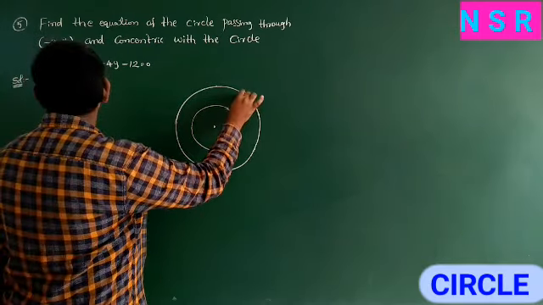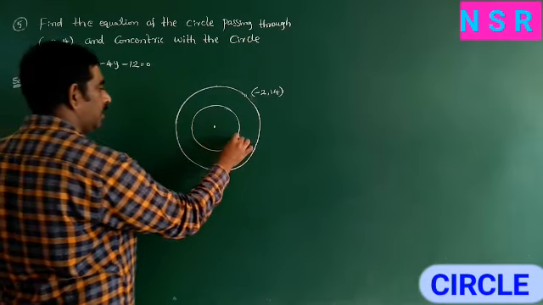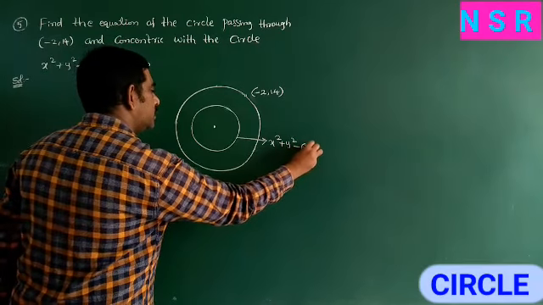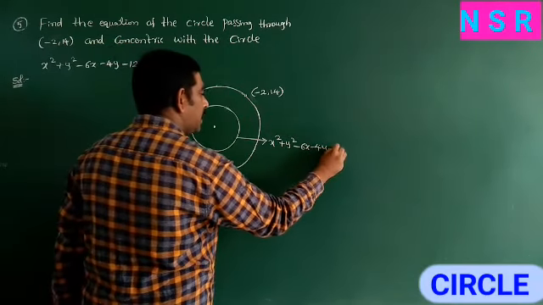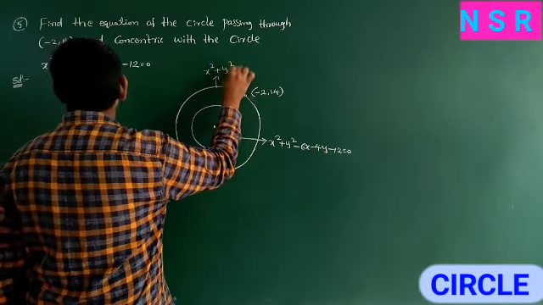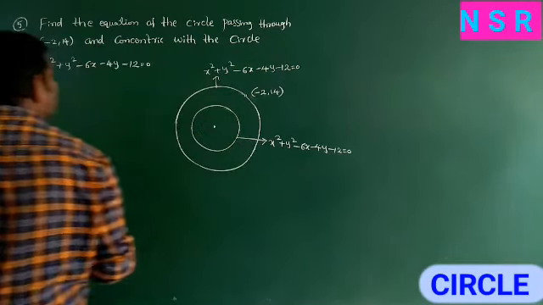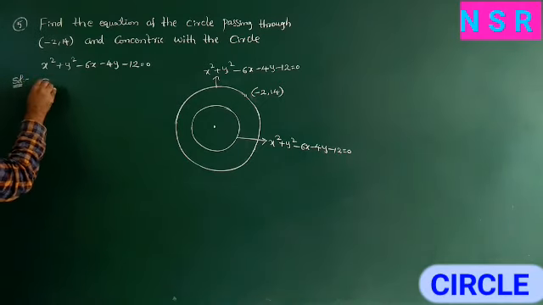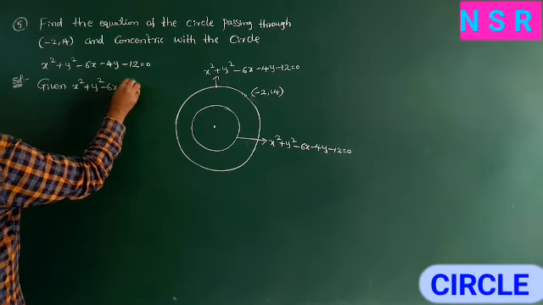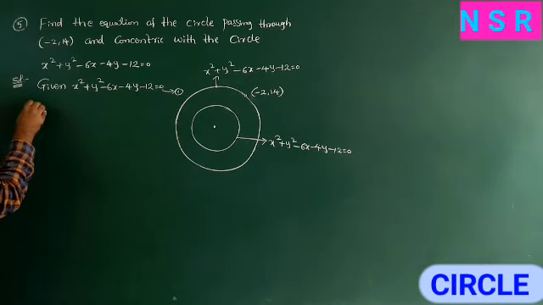The concentric circle passes through the point (-2, 14), and the given circle equation is x square plus y square minus 6x minus 4y minus 12 equal to 0. Take it as equation number 1.